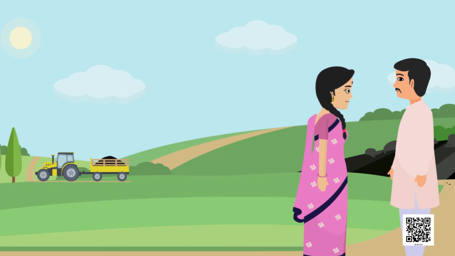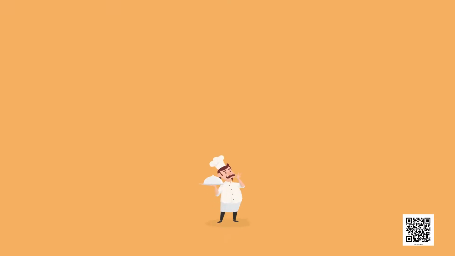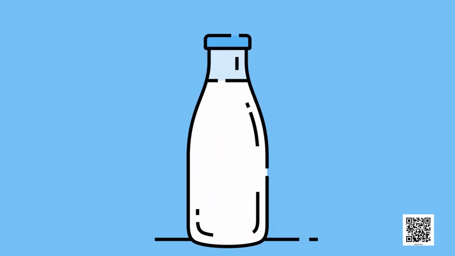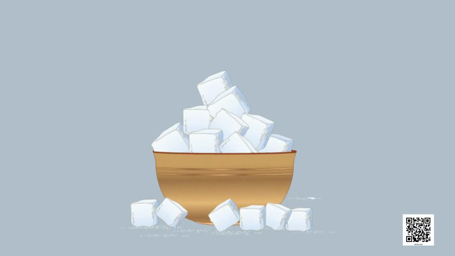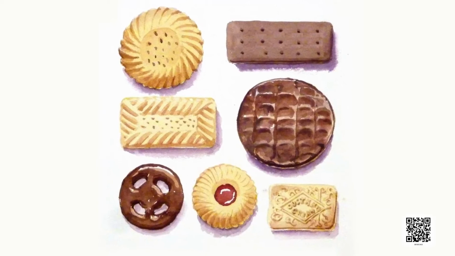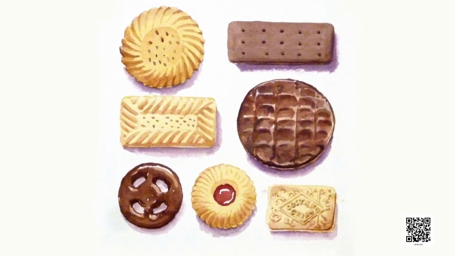Sukant replied, "Have you ever seen a baker baking biscuits? The flour, milk, sugar, and sometimes eggs are mixed together. While eating the baked biscuit, can you see these ingredients separately? Just as in the biscuits, there are a number of things that you cannot see.